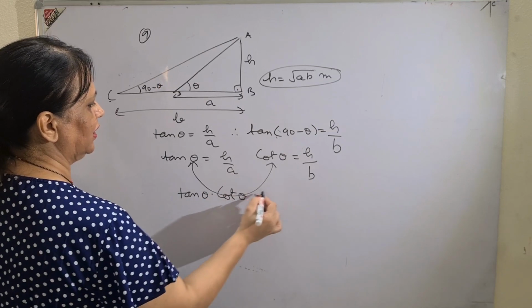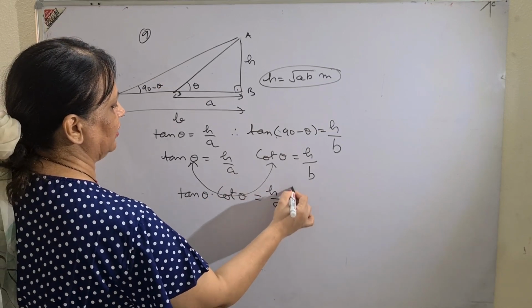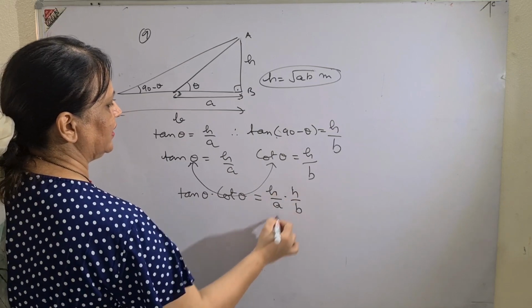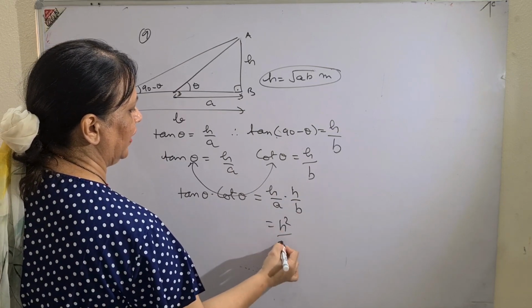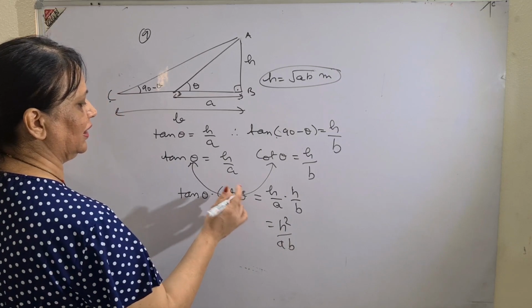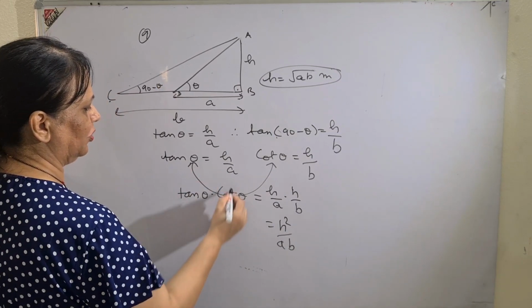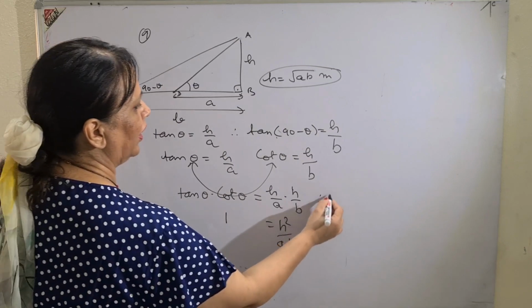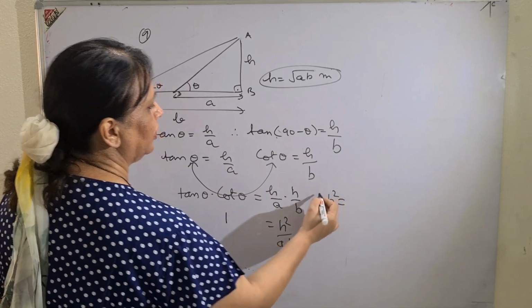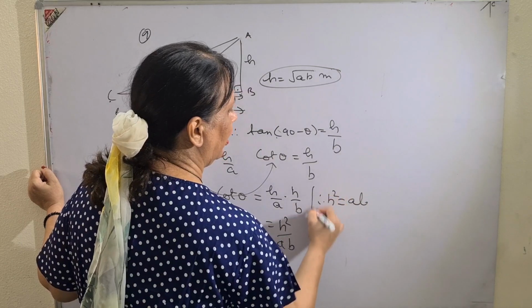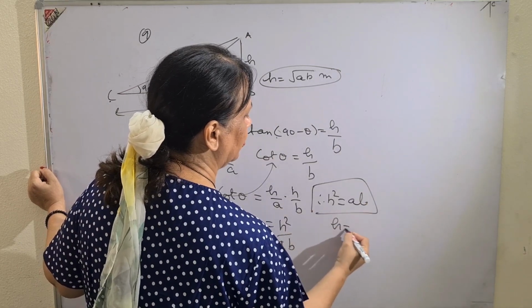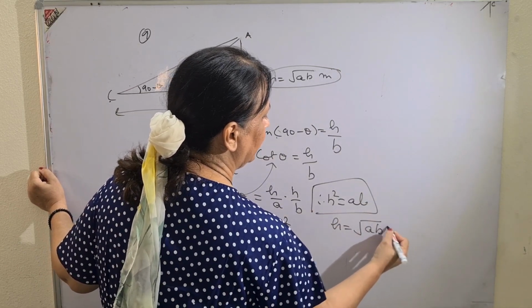Once you do it, it will be easy for you. H into h, h square over AB, and you know that tangent theta and cot theta are reciprocal of each other, and when you cut it, you will get 1. Don't cut it, just write 1 here. So h square is equal to AB, or h is equal to root AB meter.